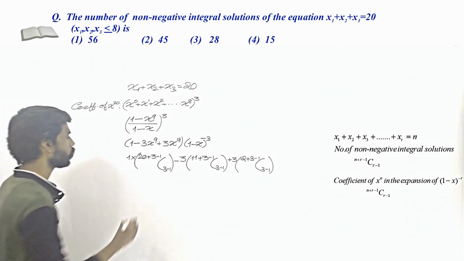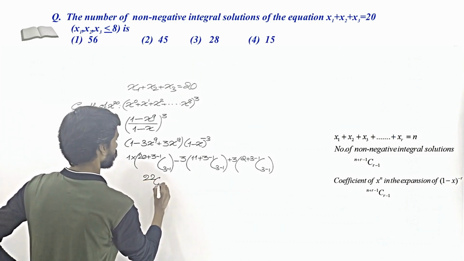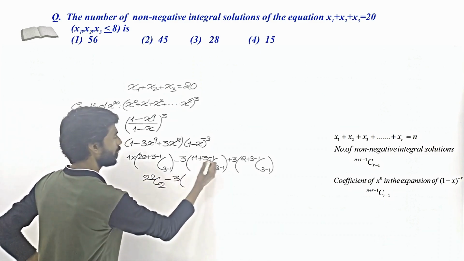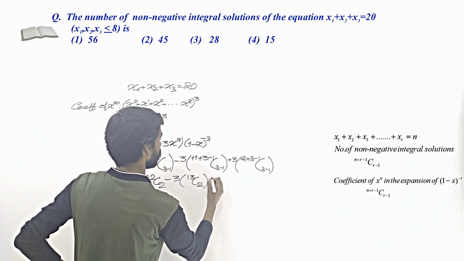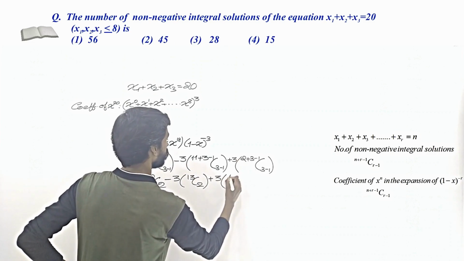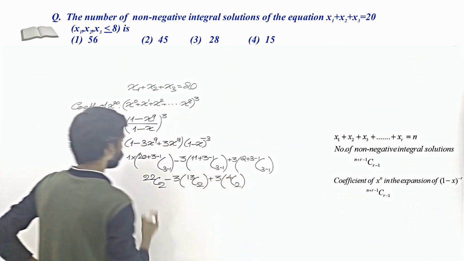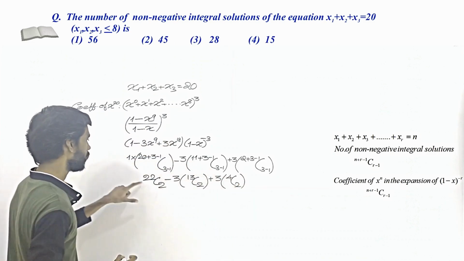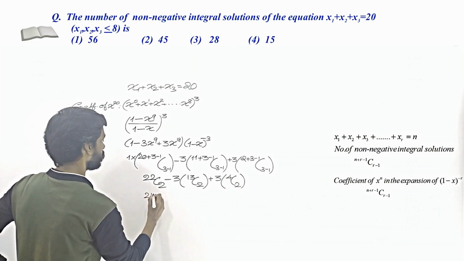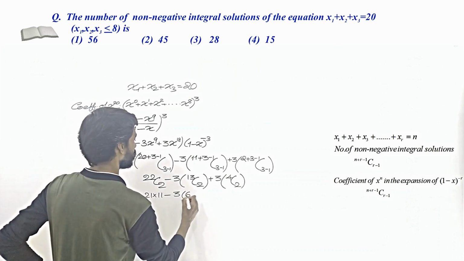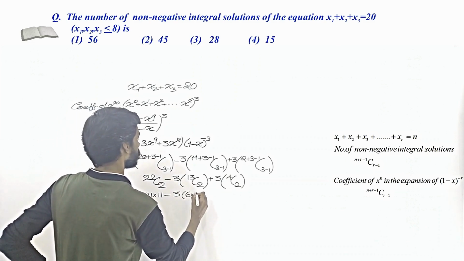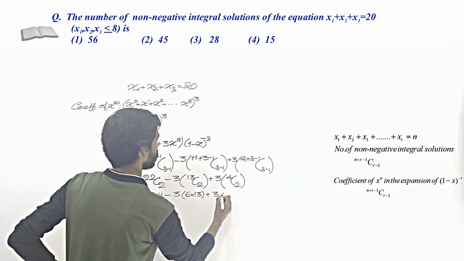So 22 C 2 minus 3 multiplied by 11 plus 2, so 13 C 2, plus 3 times 4 C 2. So 22 C 2 is 11 times 21. So 21 multiplied by 11, minus 3 times 13 C 2, which is 6 times 13, plus 3 multiplied by 6.